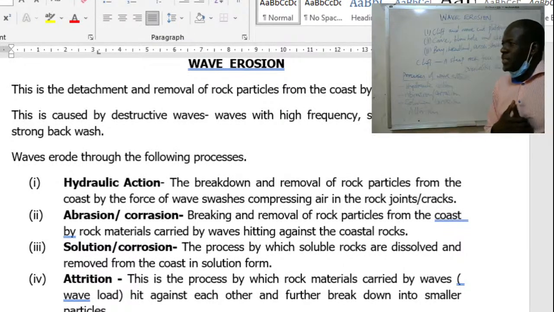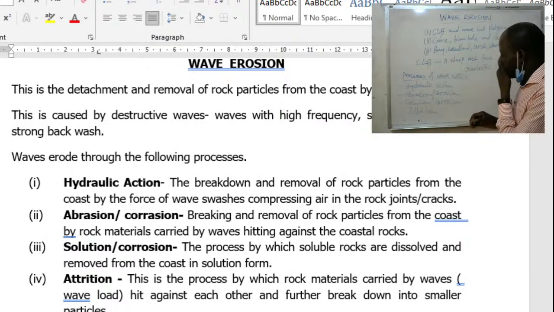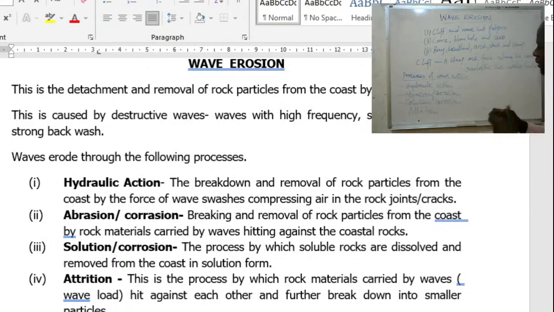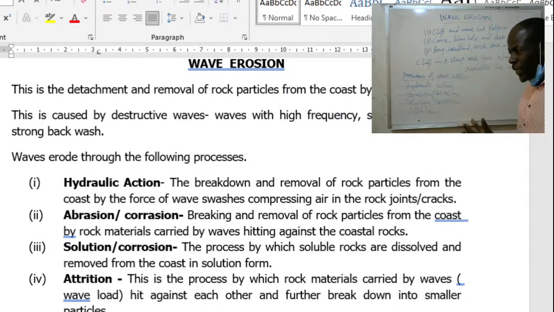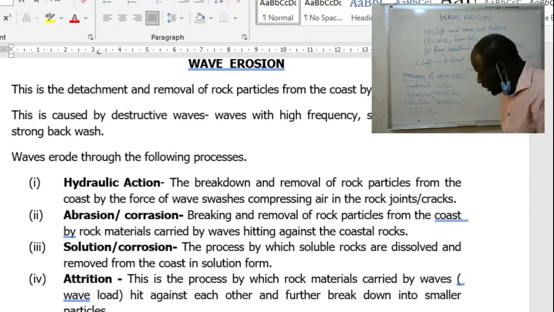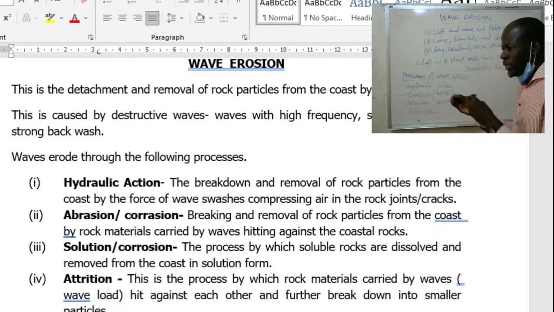And then there is the fourth one, which is indirect, called attrition. The attrition process is indirect in the sense that those particles that have been eroded from the coast and are being carried by the wave, either the backwash or brought by the swash, keep colliding with one another while being moved within the water.